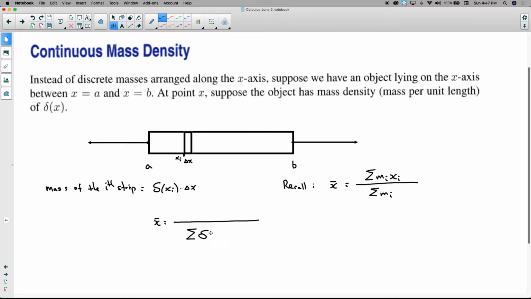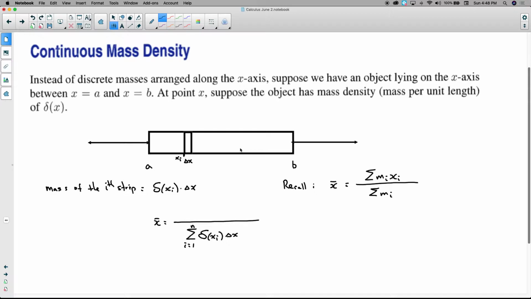So this is the density of some random strip times the width of some random strip. So I just laid out the argument where that is the mass. And then we're going to sum all the masses, and if you will, we'll go from 1 to n. And then we have the n many strips' masses summed together. So that would be the mass of the object.